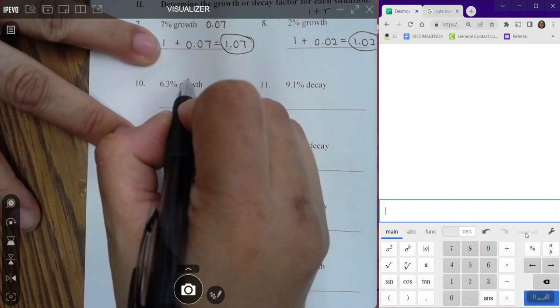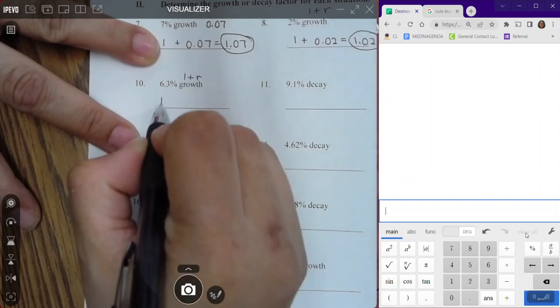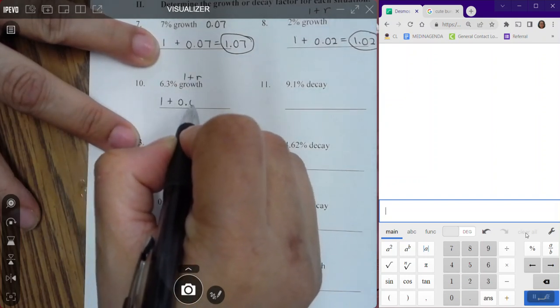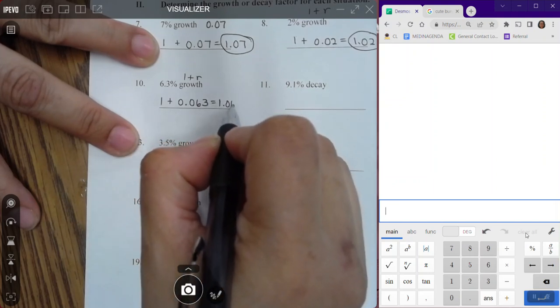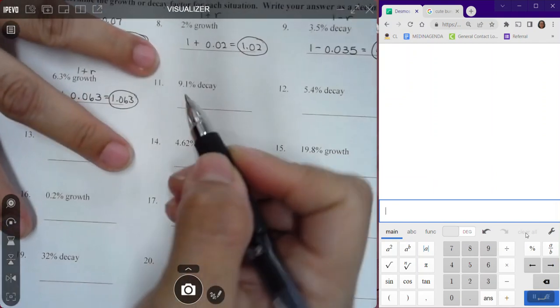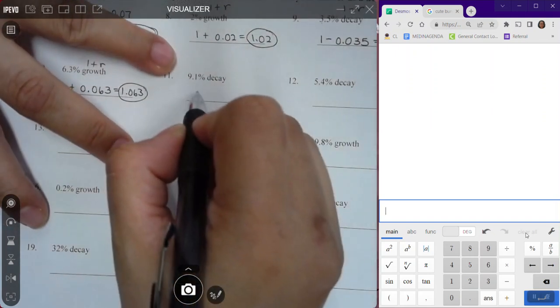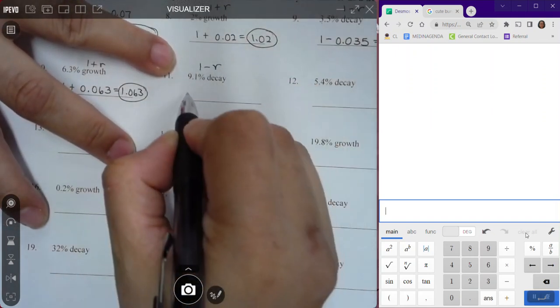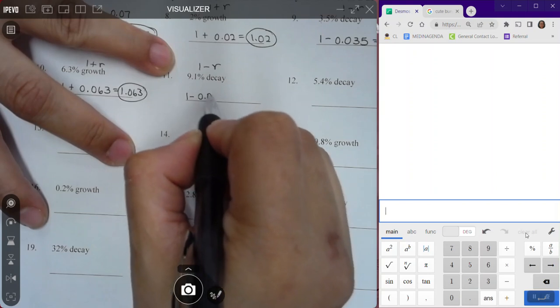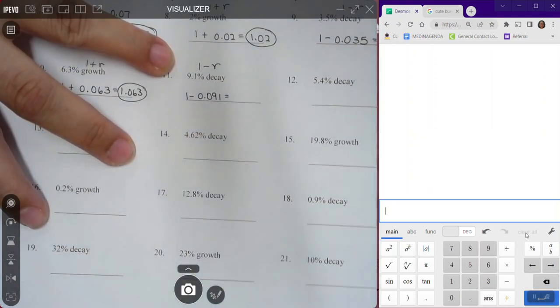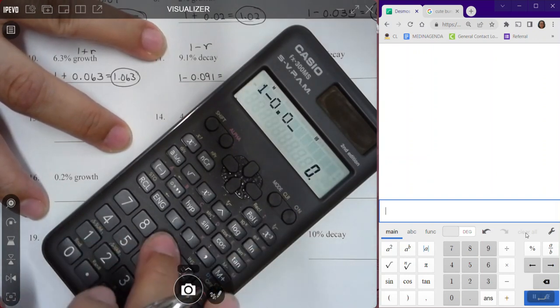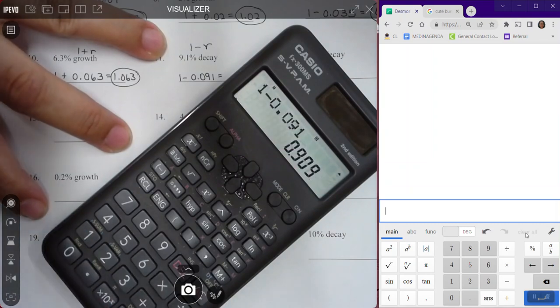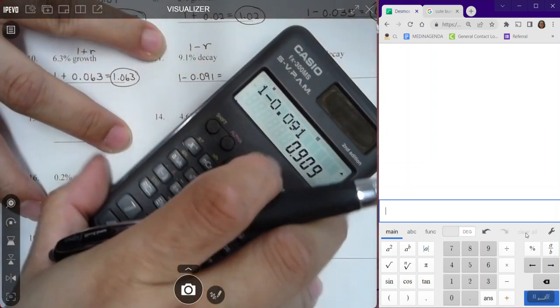Okay. Growth. So 1 plus 0.063. Decay is 1 minus r. So 1 minus, all right, so you see 0.909.